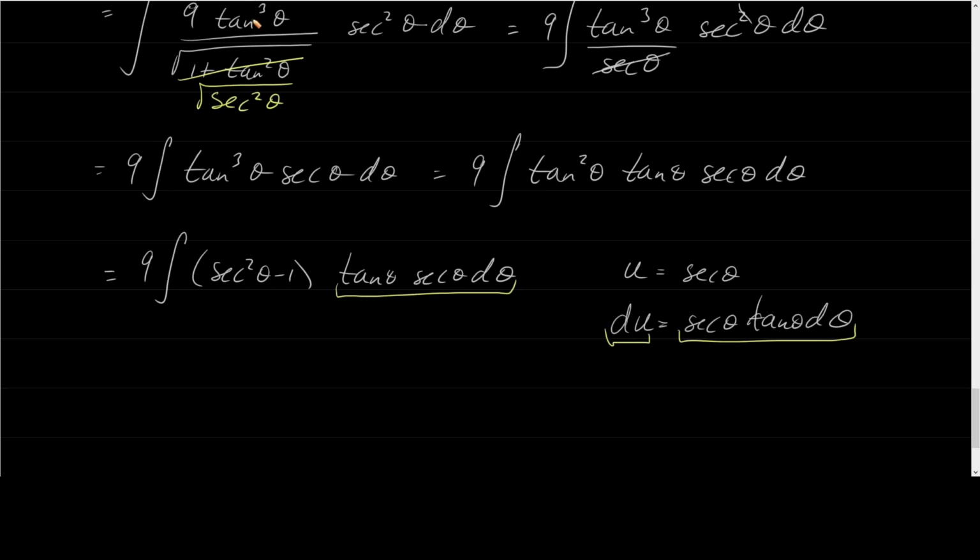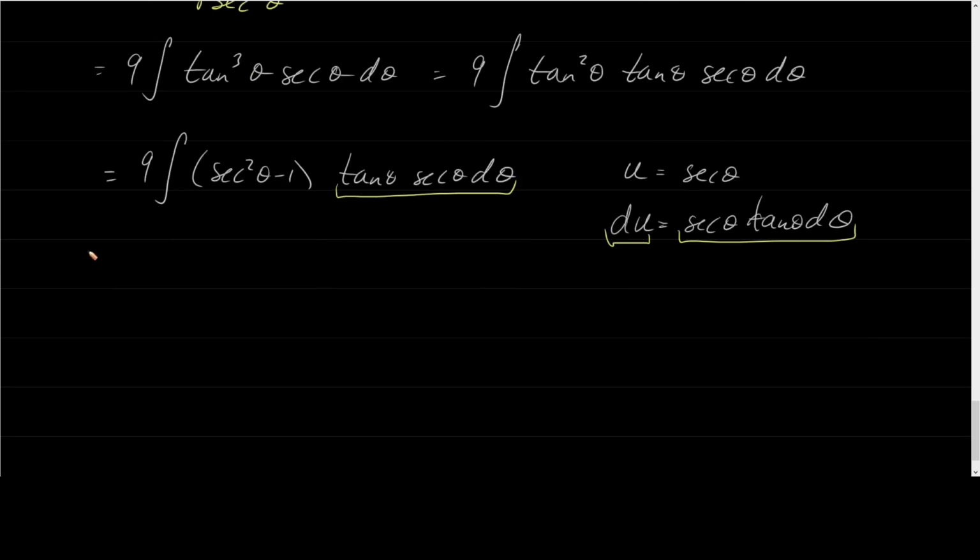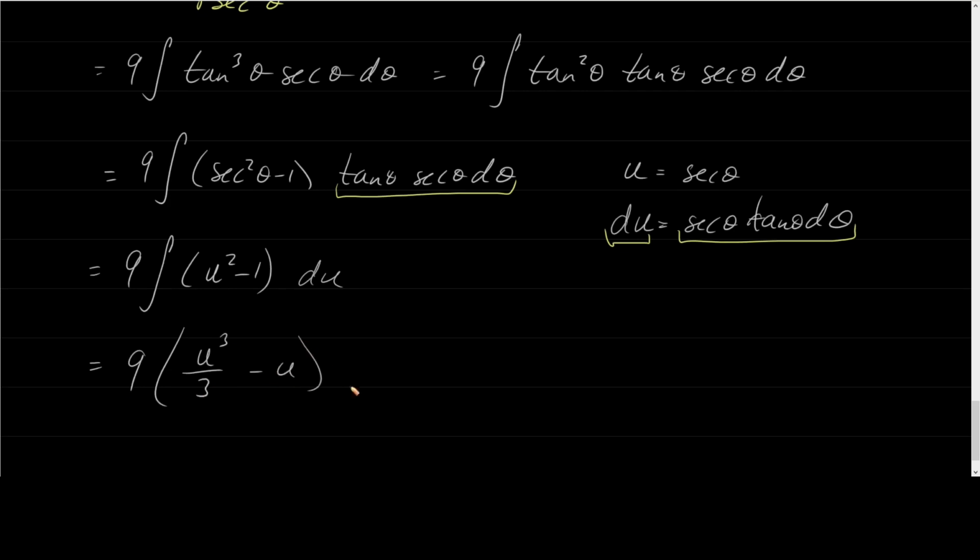And now, let's see what else we can do. So u is equal to secant theta. So what we have here is 9 times the integral of u squared minus 1, and tan theta secant theta d theta, that's just du. So integrating that, now I have 9 times u cubed over 3 minus u, and then that plus c. But the problem was not about u.